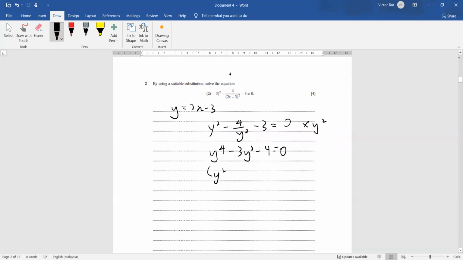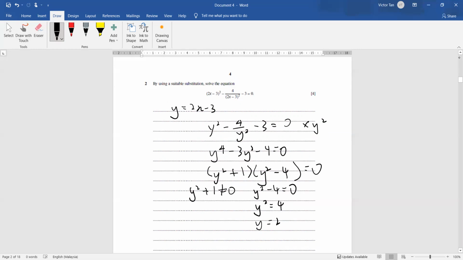Factorizing in y squared. So you have minus 4 here, you have plus. Okay. So this y squared plus 1 cannot be 0, but y squared minus 4 equals 0. Y squared equals to 4.